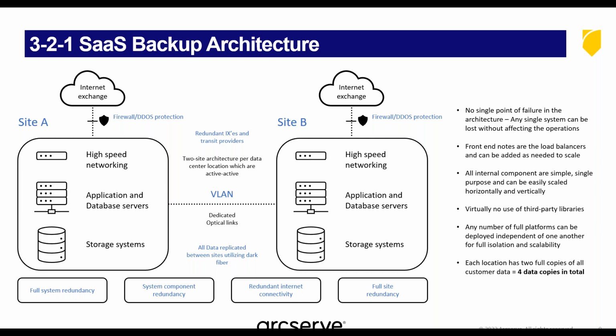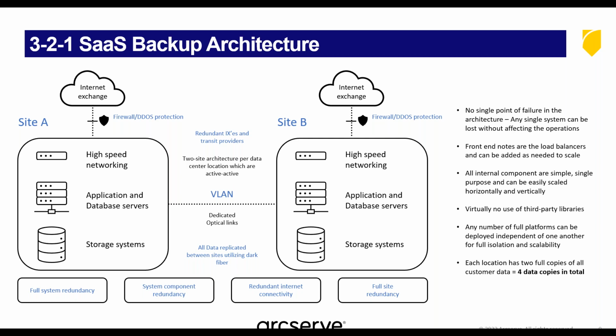Any single component, the building block, can be lost without affecting the entire operation. Any number of the full platform can also be deployed independent of one another for full isolation or scalability. That can be done anytime if we have a surge in demand for the system.